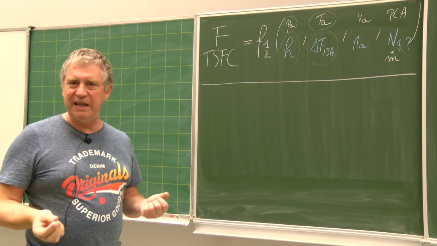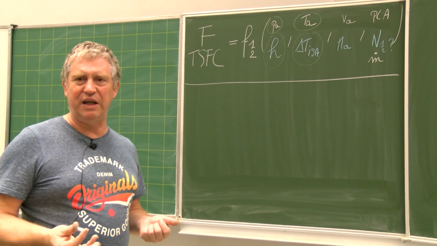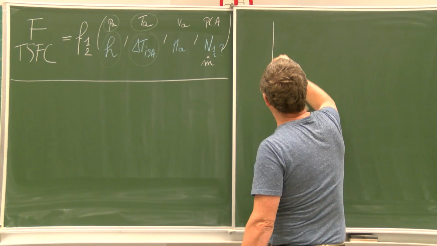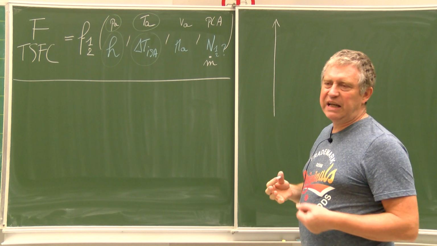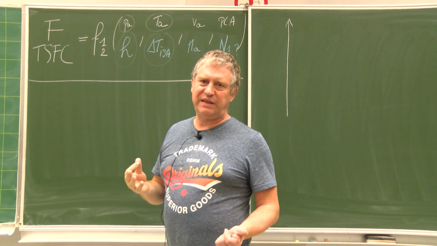Because this is what we did already in the study of the turbines and the study of the compressors. I remind you that in the study of the compressors, we were using as performance parameters, of course, not the thrust, of course, not the TSFC.